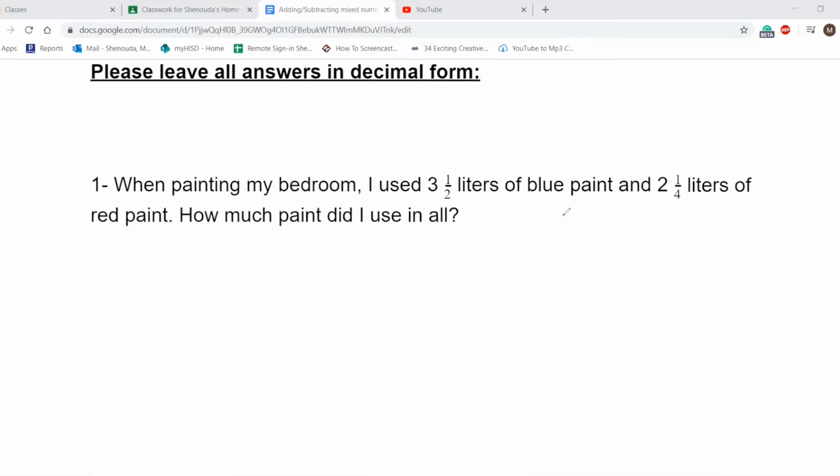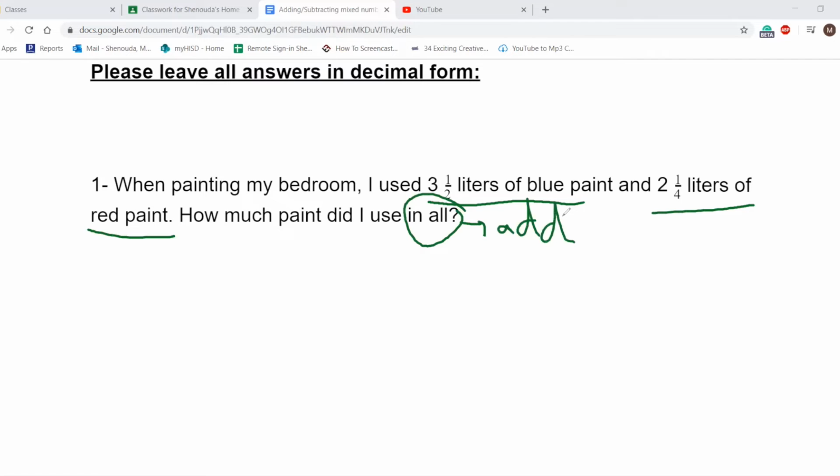In this problem, it says, when painting my bedroom, I used 3.5 liters of blue paint and 2 1/4 liters of red paint. How much paint did I use in all? The things I should underline in this problem are the numbers. So I have 3.5 liters of blue paint, 2 1/4 liters of red paint, and the key word in this problem is in all, meaning I should add.